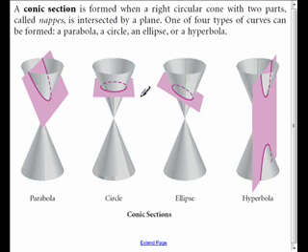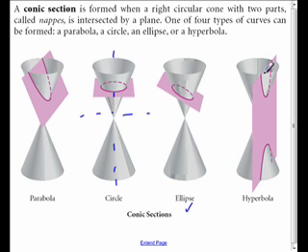If you take that same plane and cut it through at 90 degrees to the vertical axis, or parallel to the horizontal axis, you get a circle. If you cut it just a little bit cockeyed, so in between these two, you get a conic section called an ellipse.